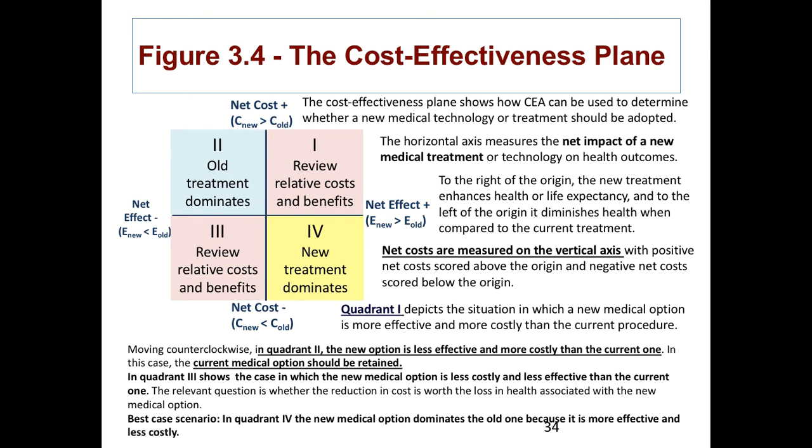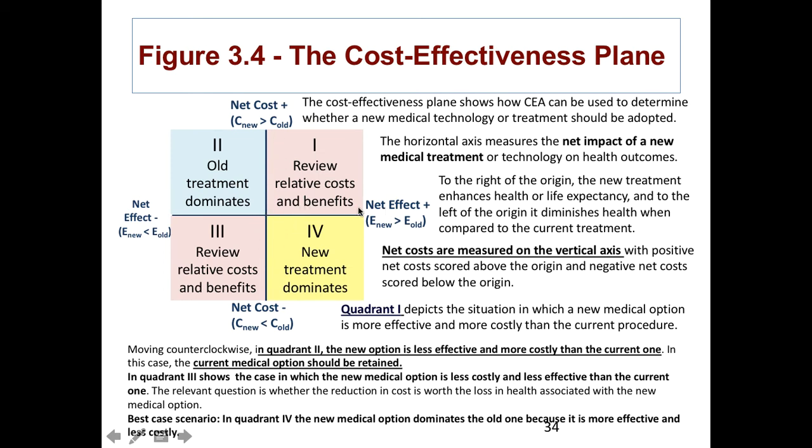So let's start from quadrant 1. This is quadrant 1, and the situation is when the new treatment is more costly and more effective, right? This makes it a little bit difficult to make a choice between the new treatment and the old treatment because it depends on how much more costly and how much more effective.